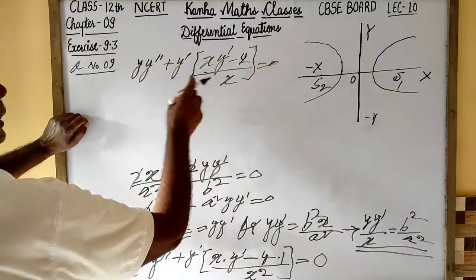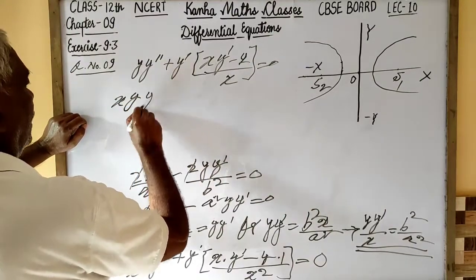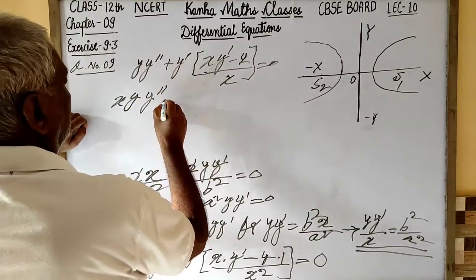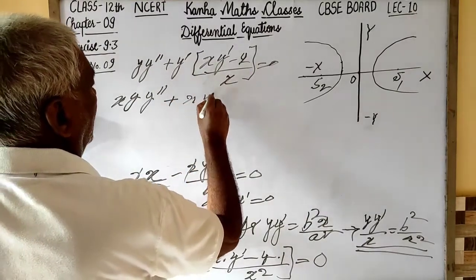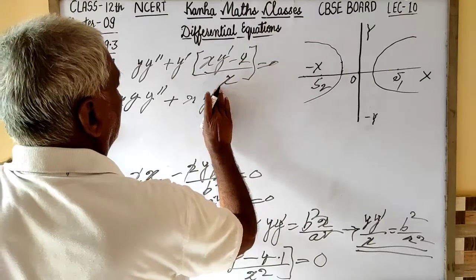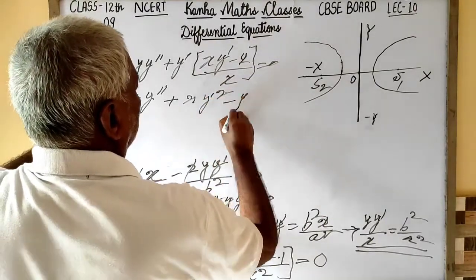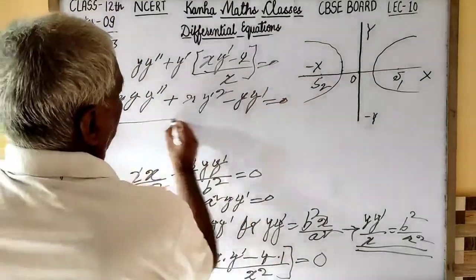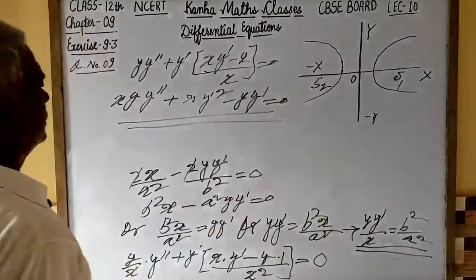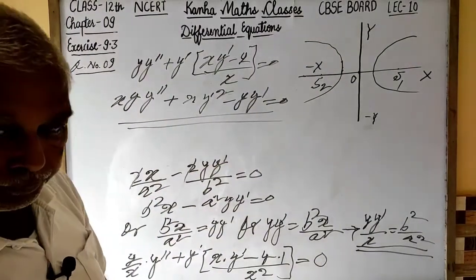Now again multiply by x: x y double dash plus x y dash square minus y dash is equal to 0. This will be the requisite differential equation of order 2 of this system of hyperbolas.